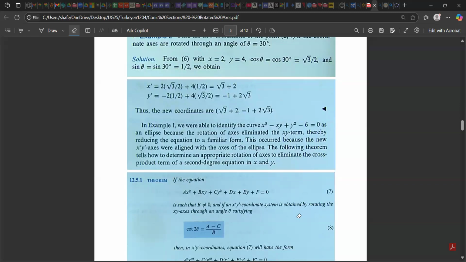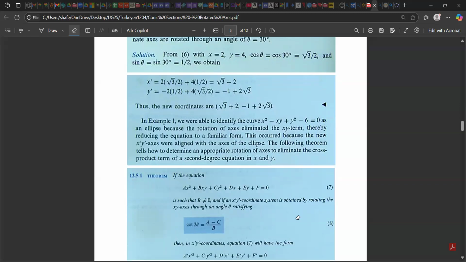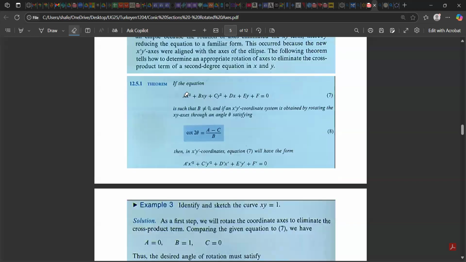Good. So what we're going to do now, we're going to switch over to doing a little analysis of this general equation of, as a matter of fact, all conics, right? All that needs to happen when you're dealing with a conic that is parallel to the x and y axis is that B is going to be 0.